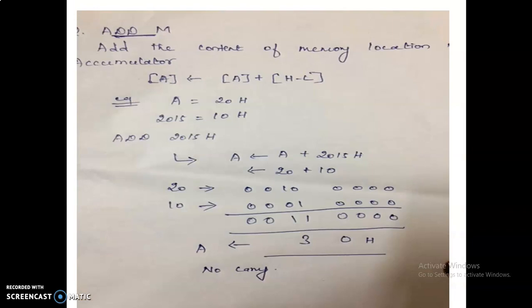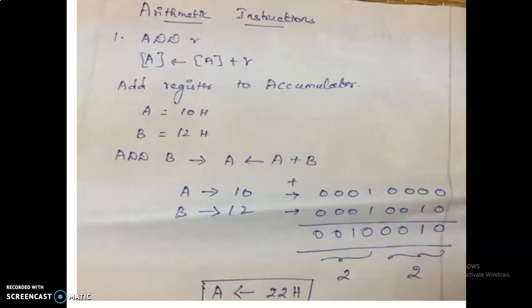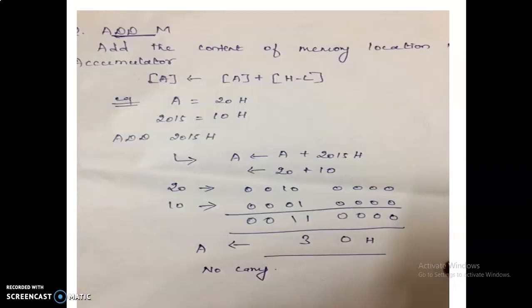This is another example. In the previous example, the instruction is ADD B, where the content of the accumulator is added with the content of the register. Here in this example, ADD M is the instruction. That means the content of the memory location is added with the accumulator and then the final value is stored in the accumulator. Here this is the HL pair.